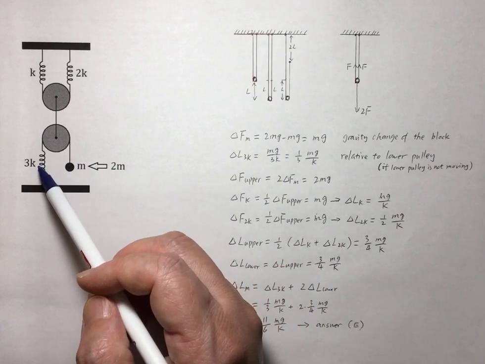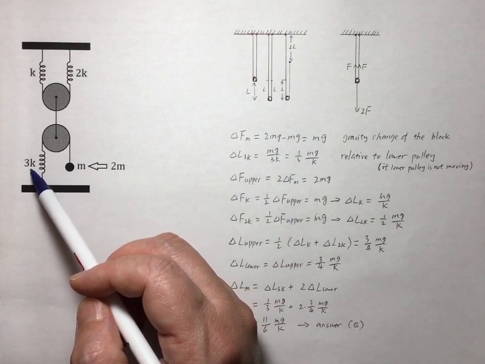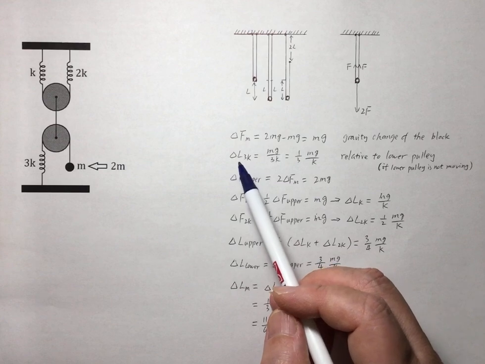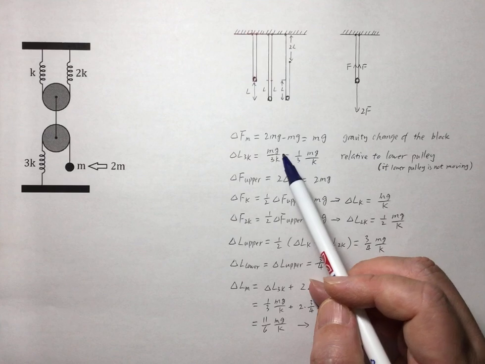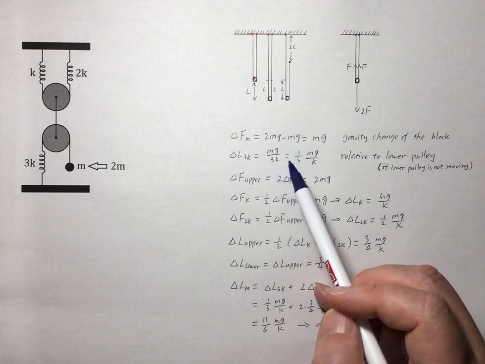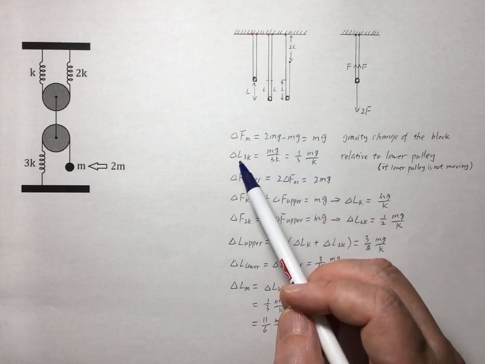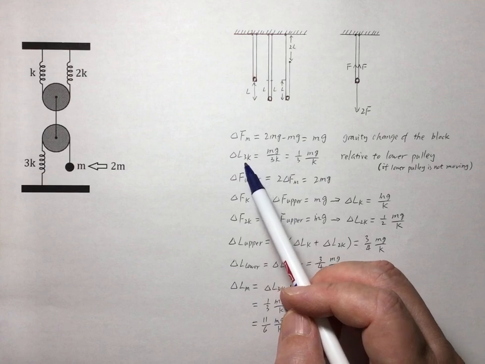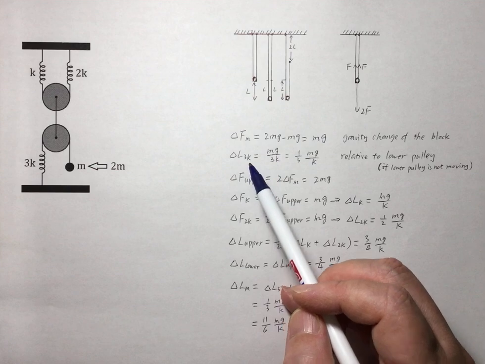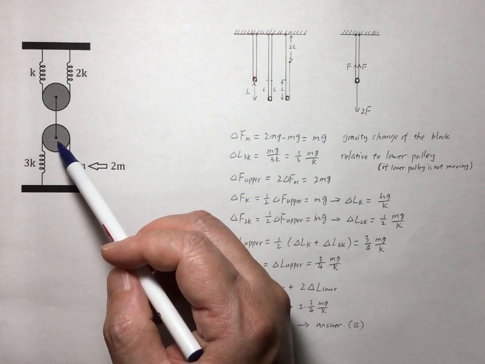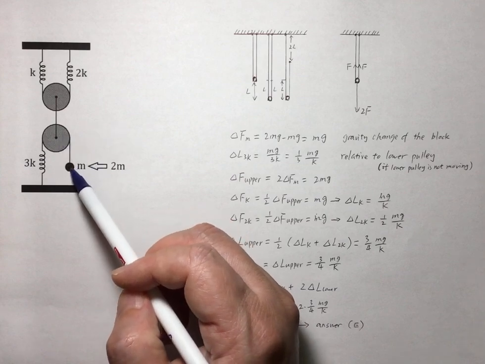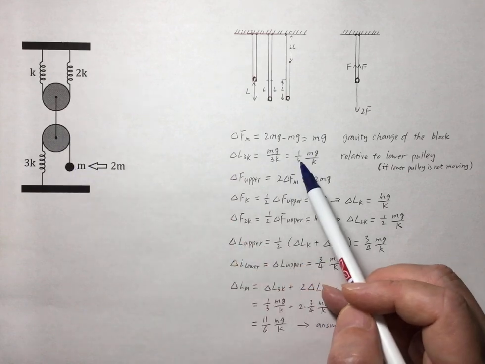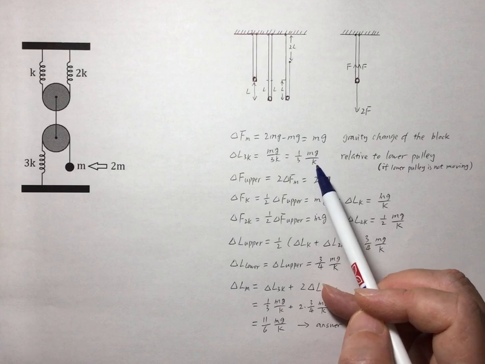And then the spring has a coefficient of 3k, so the length change of the spring will be mg over 3k. So that's the change of the spring length. So if this lower pulley is not moving, then the mass will be lowered by 1/3 of mg over k.